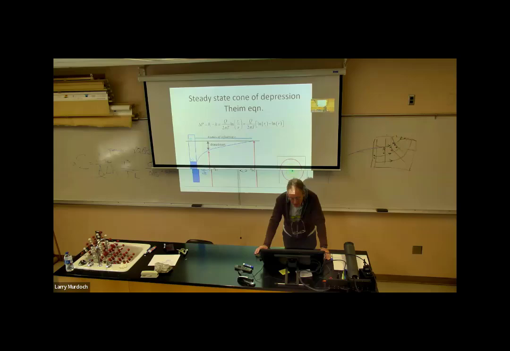So this is the flow rate, transmissivity of the aquifer, and that's the radius of influence of the cone of depression. So if we know that, then we get this as the function that describes the drawdown cone.